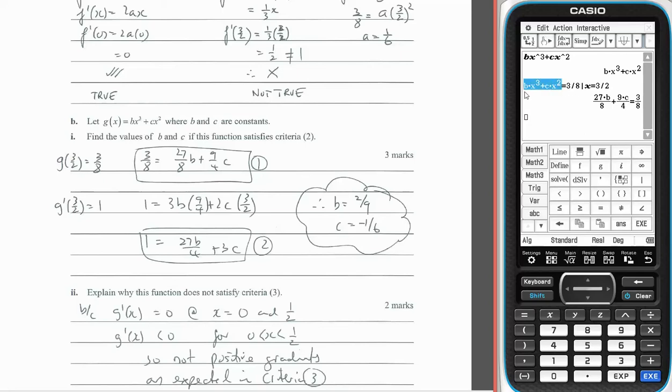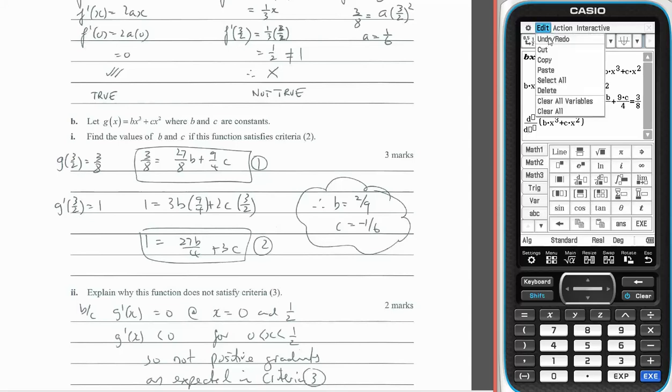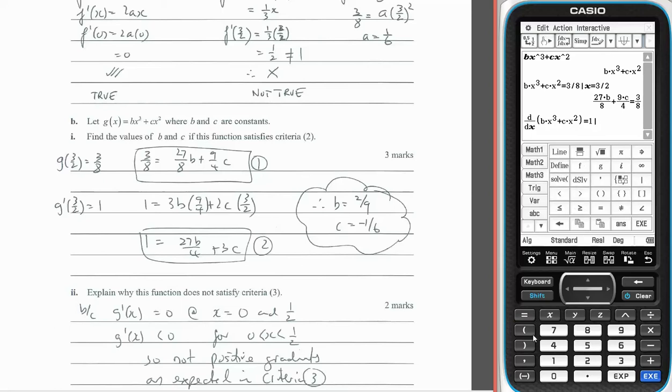The second equation is that if I take the derivative with respect to x, that's going to equal 1 when x equals 3 on 2.